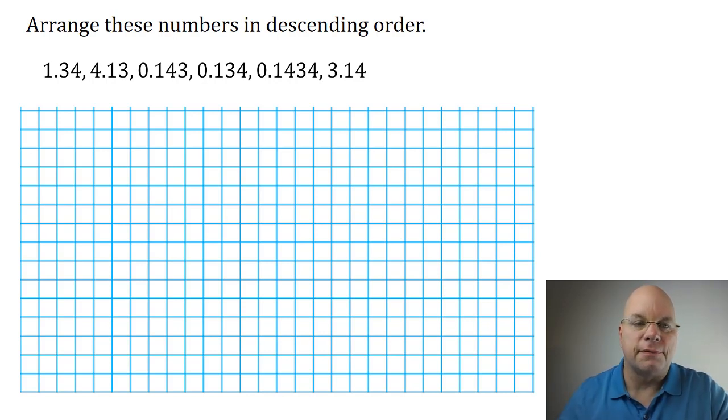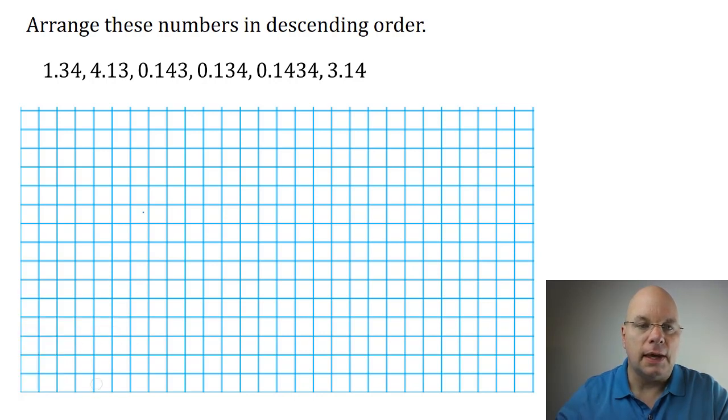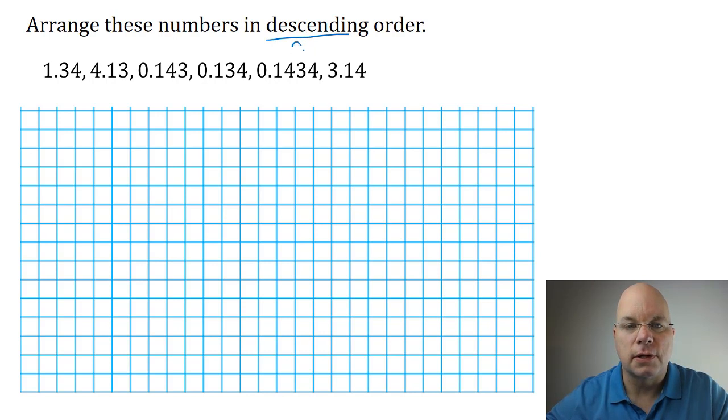But here I have a long list of 6 decimal numbers written in standard form. And if I want to put them in descending order, that's greatest to least.